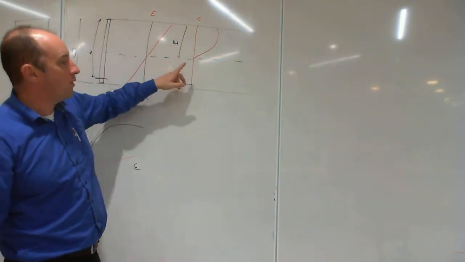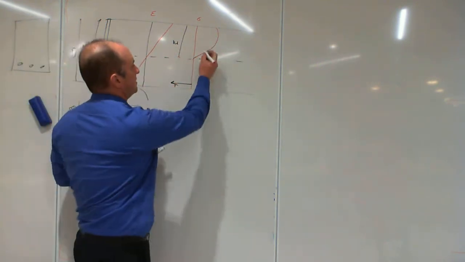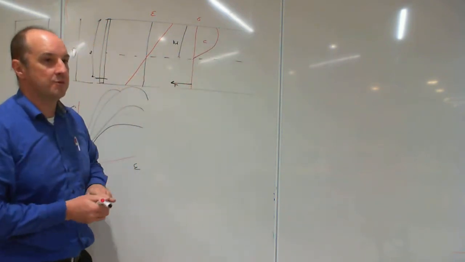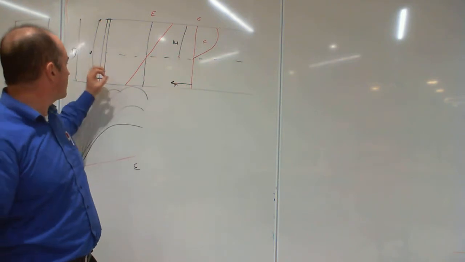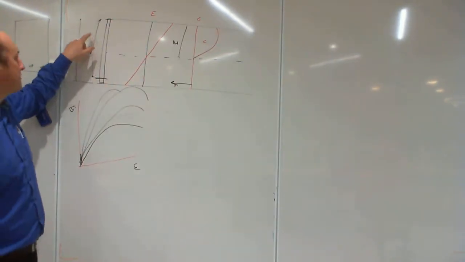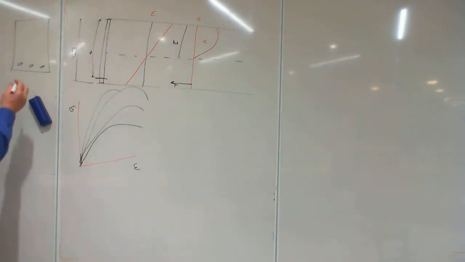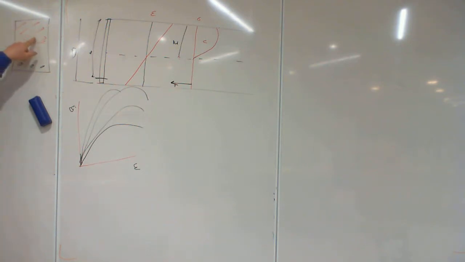Now, when we do theory of bending, we know that the tension force and the compression force are equal. The area of the steel times the stress in there is the force. The area of that concrete, there's the concrete in compression, that much, times the stress gives us the force.